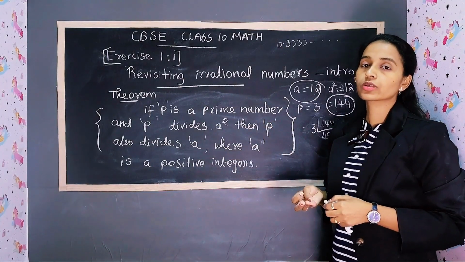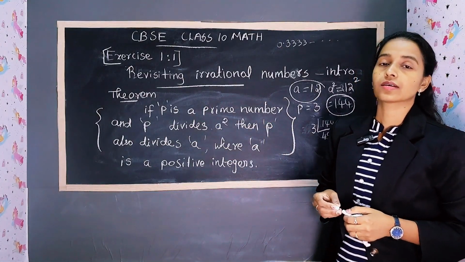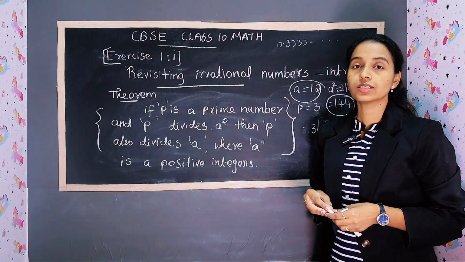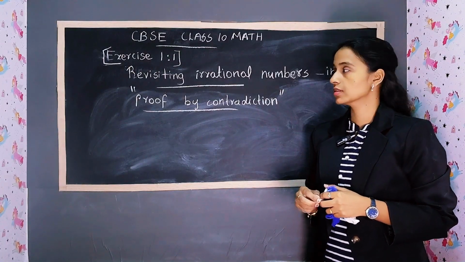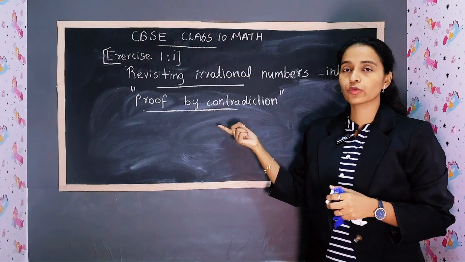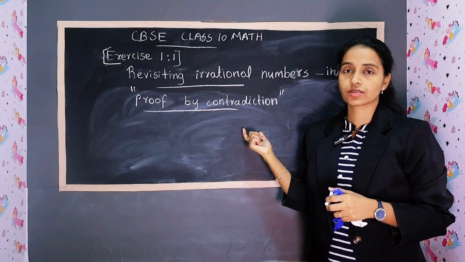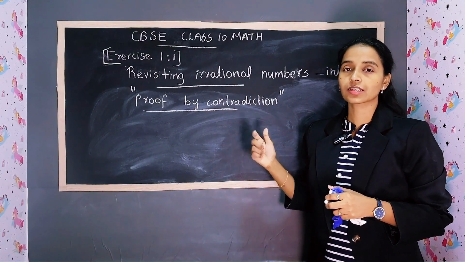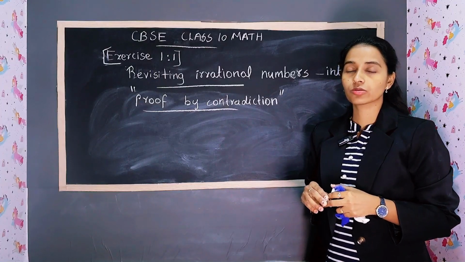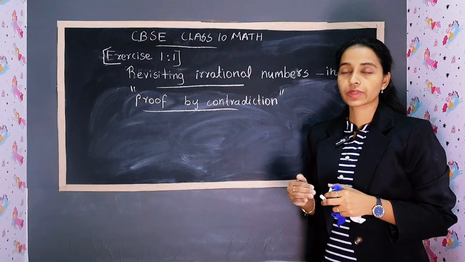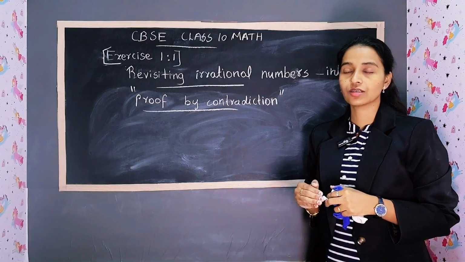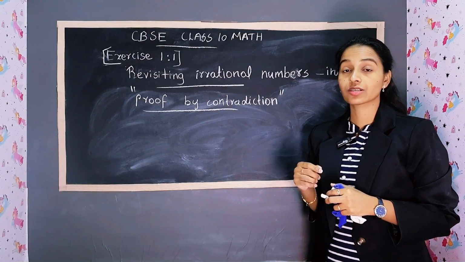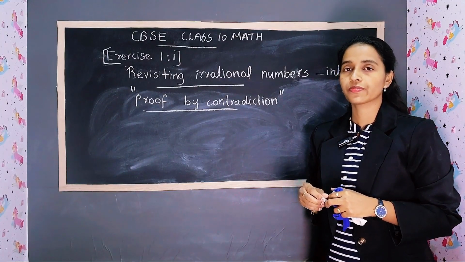Now one more technique is there. Now we are going to learn about that technique. This is the technique, proof by contradiction. This is the technique we are going to use in upcoming classes for solving some irrational number problems.